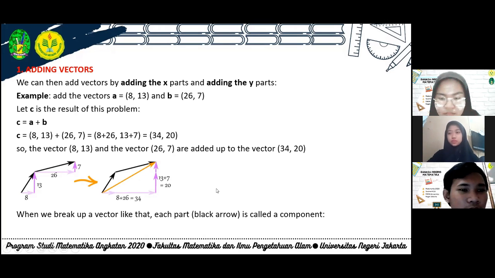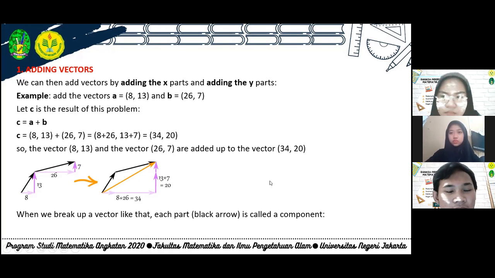So C equals vector A plus vector B. So C equals 8,13 plus 26,7, which is 8 plus 26, 13 plus 7, equal to 34,20.